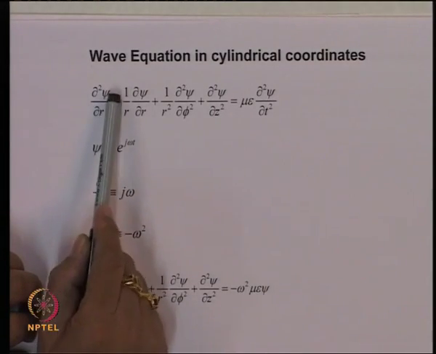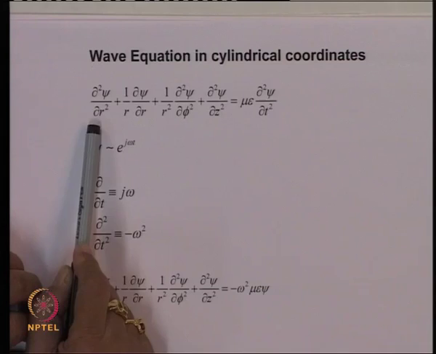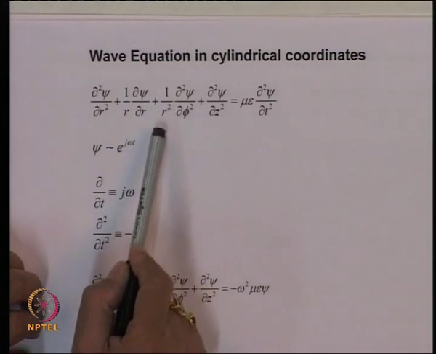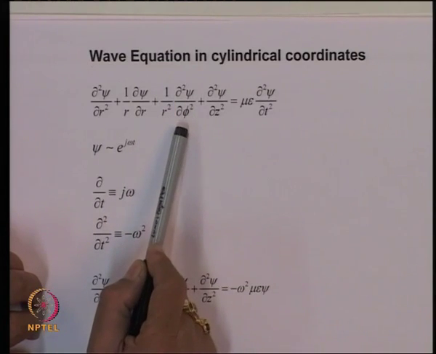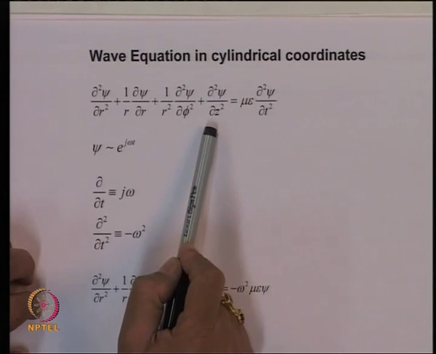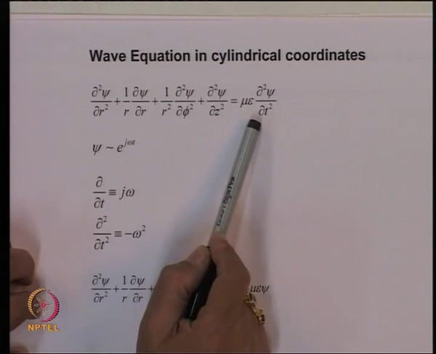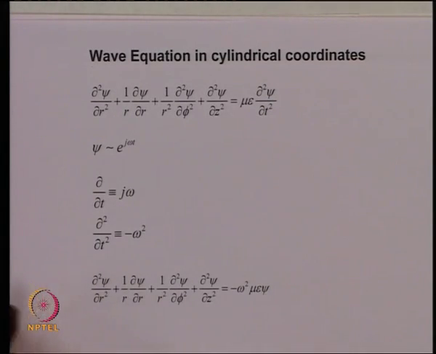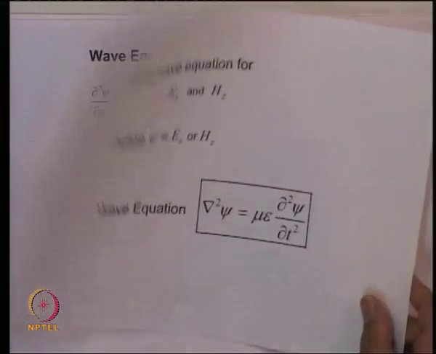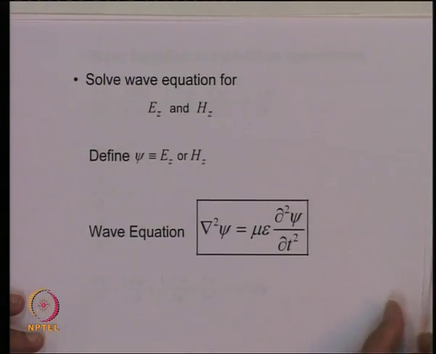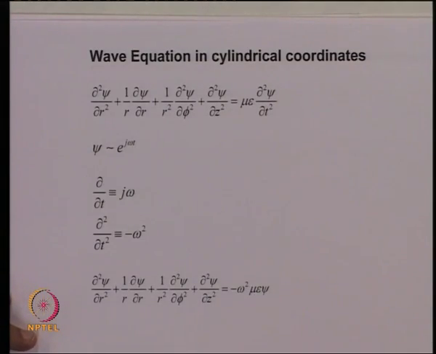We have d2 psi upon dr square plus 1 upon r d psi by dr plus 1 upon r square d2 psi by d phi square plus d2 psi upon dz square, equal to mu epsilon d2 psi upon dt square. So, the same wave equation written here in compact form can be explicitly written for the cylindrical coordinate system like this.